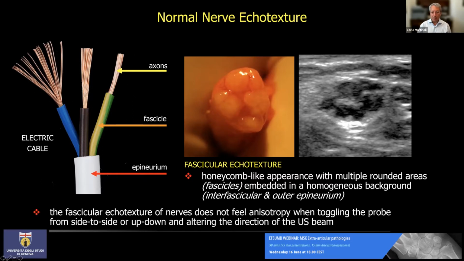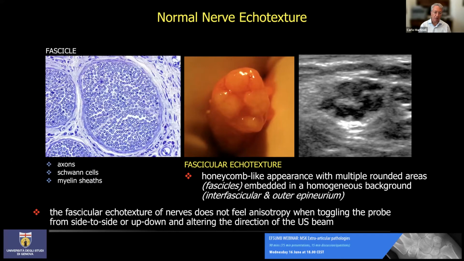So when we speak about nerve echotexture, we have to consider that this structure, different from tendons, doesn't show anisotropy. If you tilt the probe obliquely over them, you don't have any change in their echotexture. And these are the fascicles with the structure we described before.